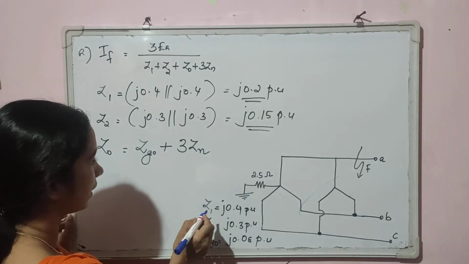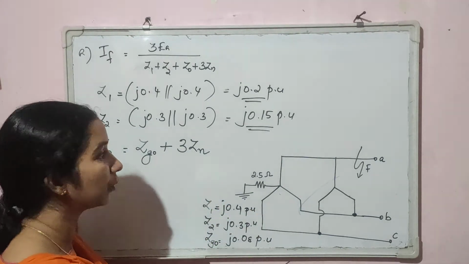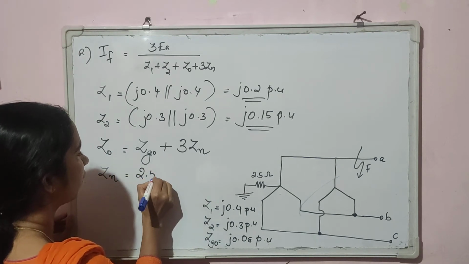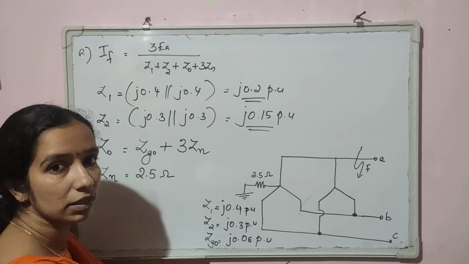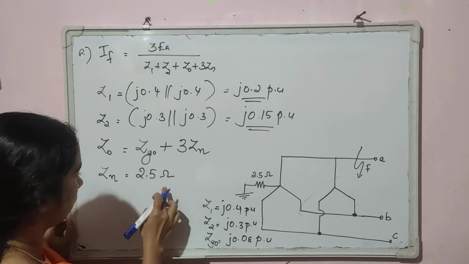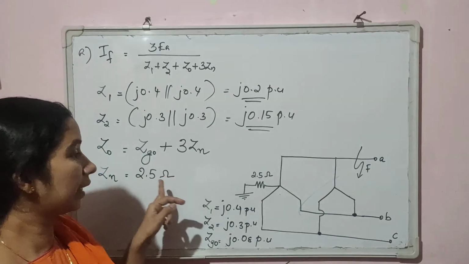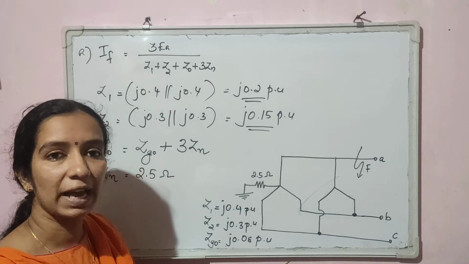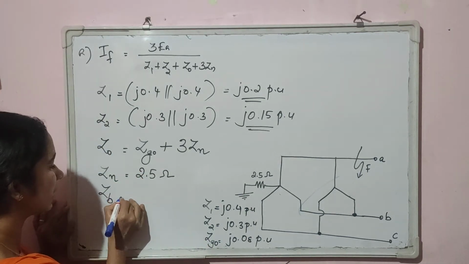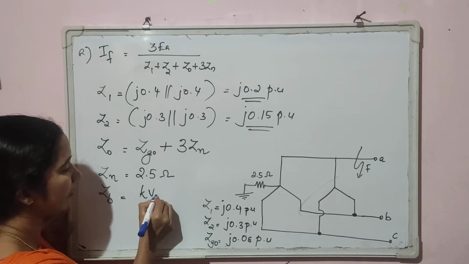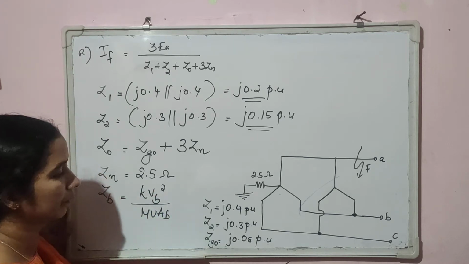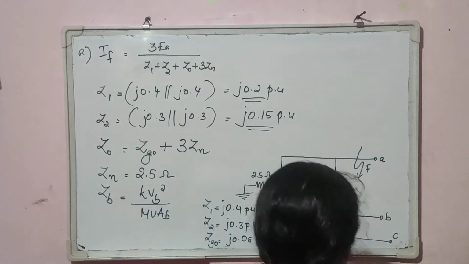So Zn is equal to 2.5 ohm, and it is actually a resistance. In order to convert it to per unit, we divide the actual value by the base value, and the base value of impedance is kV base squared divided by MVA base.